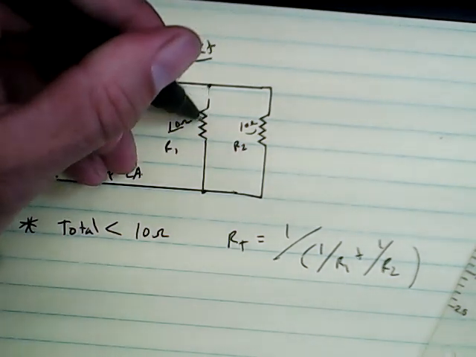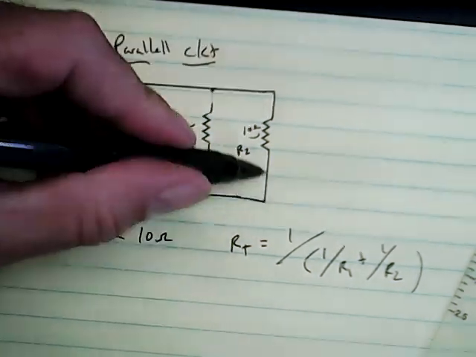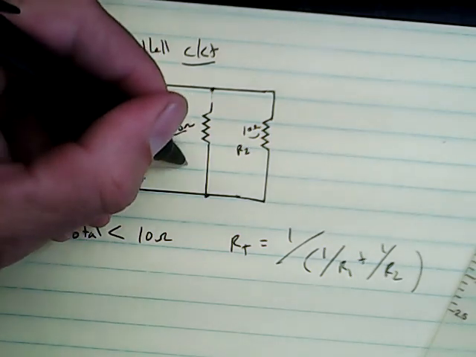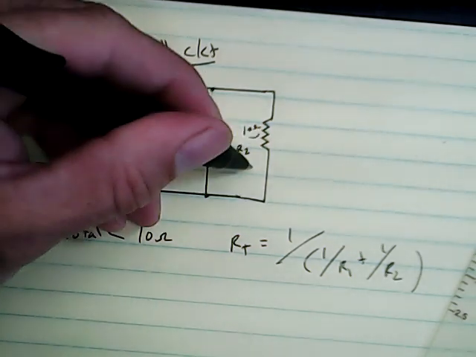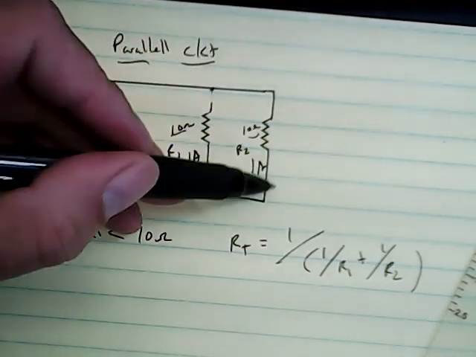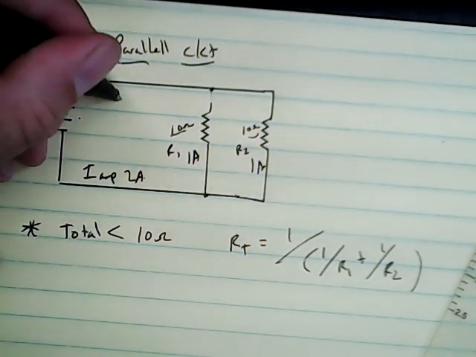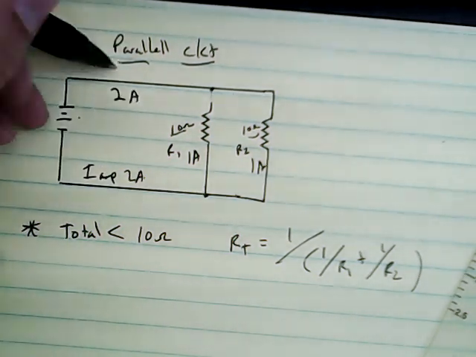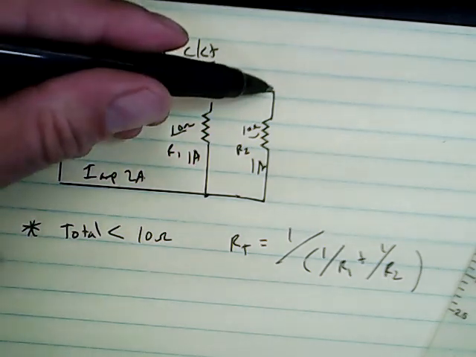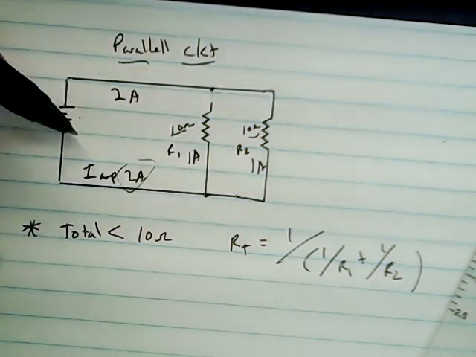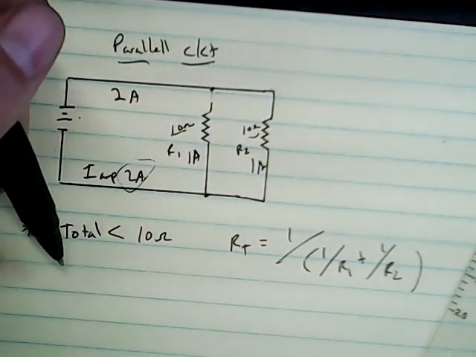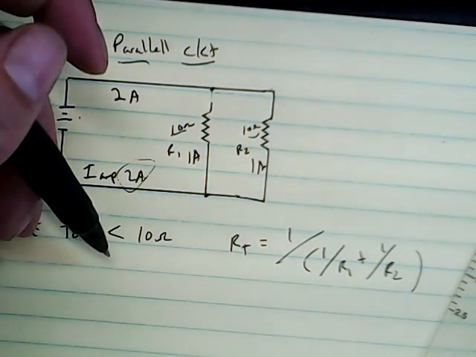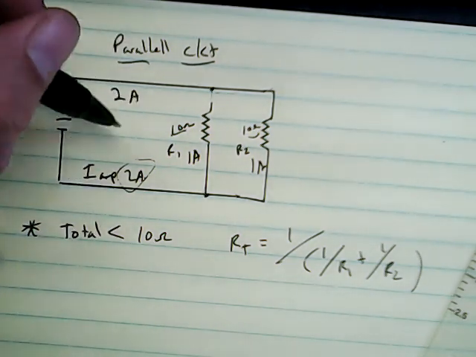And then when it gets to that split here, the current will divide between the 2 loads. So if you just, for example, say we have 1 amp of current flowing through each one of these, they'll join back up again. You'll have 2 amps flowing through the circuit, and then it will break off and divide between the 2 and then combine back together to get the 2 amps on the way back home again. So that's our current in a parallel circuit.